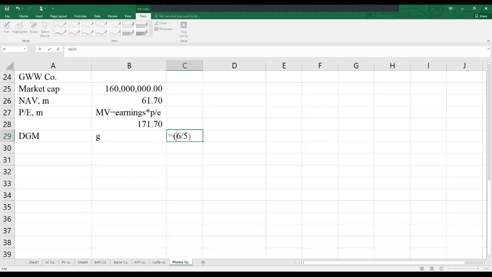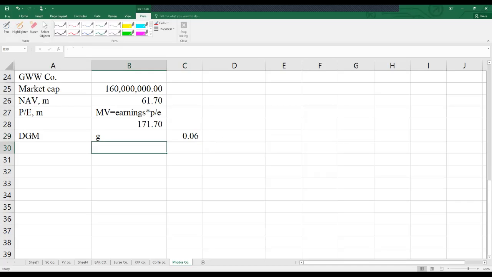Therefore, 6 over 5 to the power of 1 over 3, minus 1. Don't forget the brackets, the power also needs to be in brackets. This gives the growth equal to 6%.